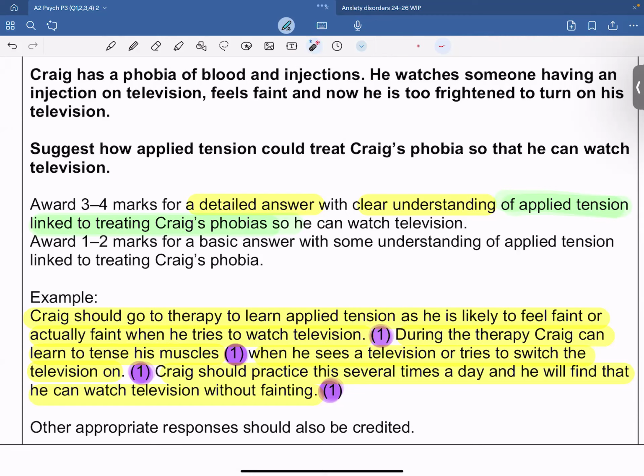Because knowing applied tension and not being able to get 4 on 4 on this particular question would be a bit unfair, of course. You need to ensure that you're not missing out on a single mark.